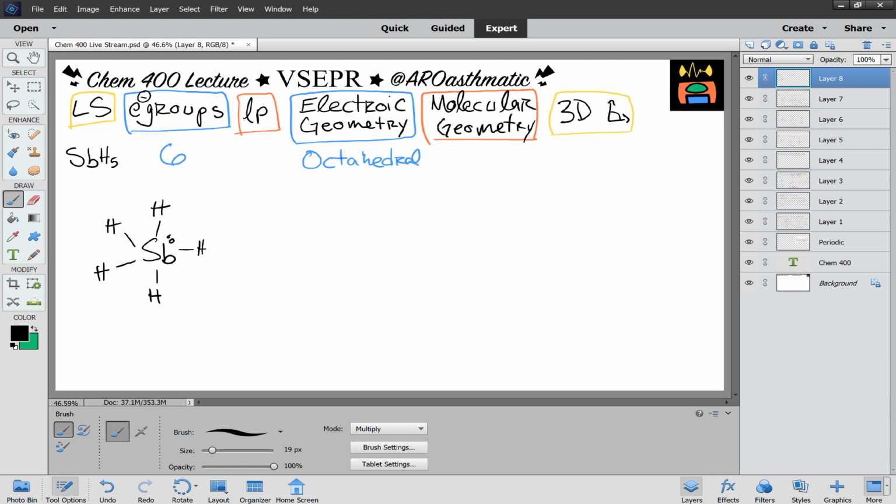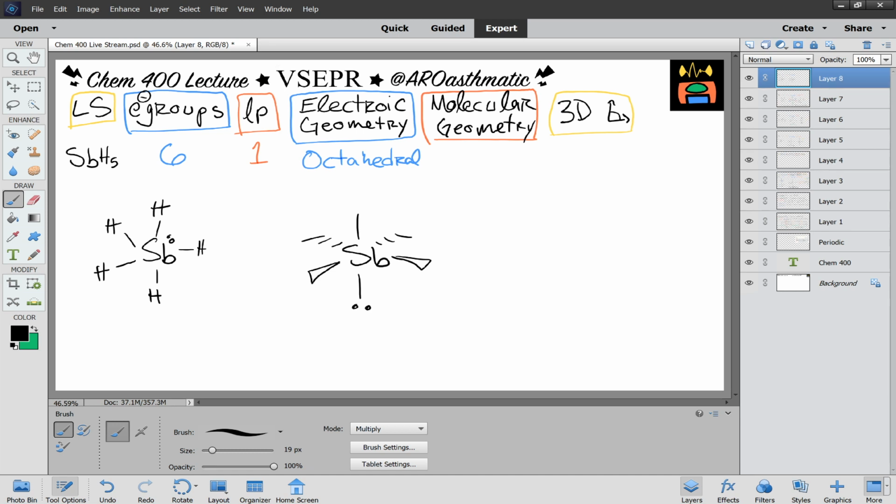All right, and every octahedron has the same scaffold of a three-dimensional representation. So I'm going to draw that in now. All right. And the cool thing is, here we're going to have this basic shape. We need to place our one lone pair to see how this lone pair will affect our molecular geometry.